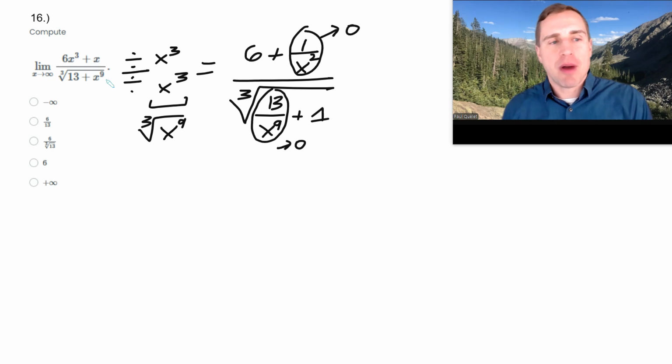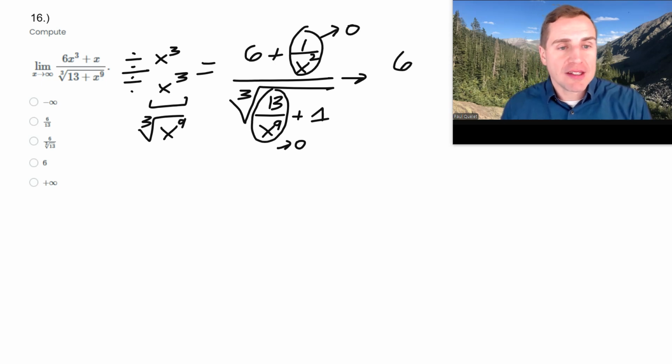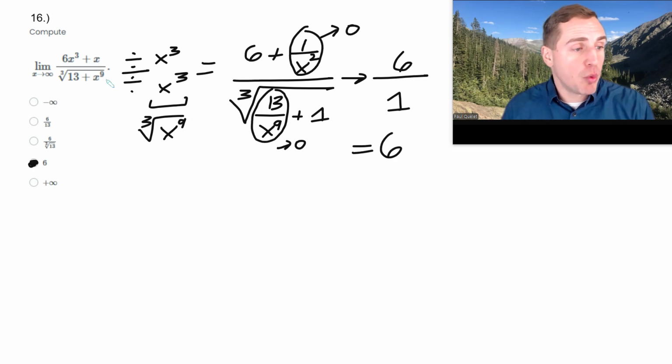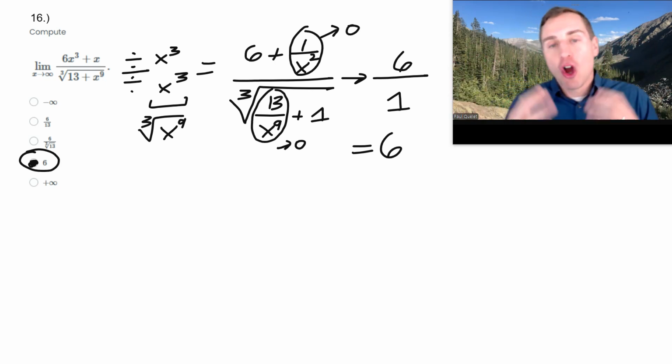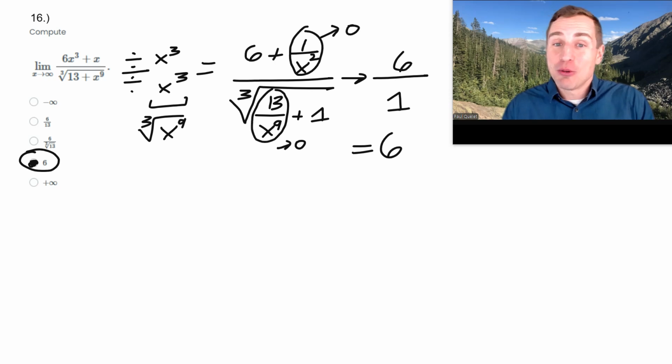So 1 divided by the biggest number you could think of is just going to approach 0, because it just gets very, very small. So effectively, this is going to approach 6 over, now that's 0, and then we do the cube root of 1. Cube root of 1 is just 1. So 6 over 1, that's just going to give us 6. So I believe that 6 will indeed be the correct answer here. That's going to be the limit value that we approach. Hope that makes sense, and we can move on.